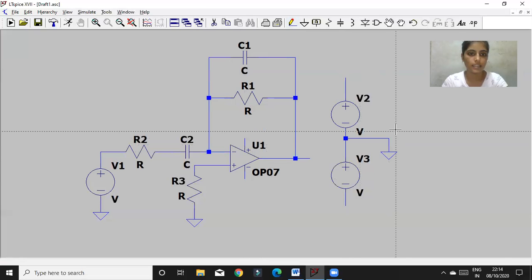I connected all the components with the wires and now I'm labeling it.